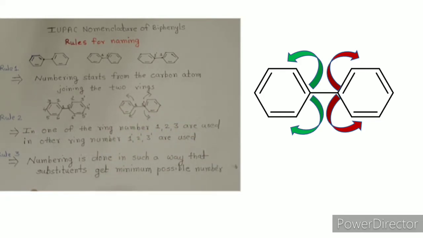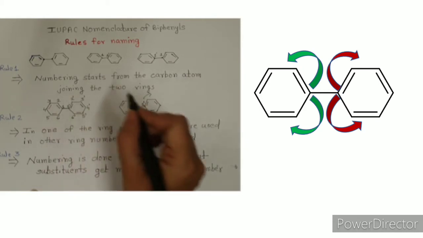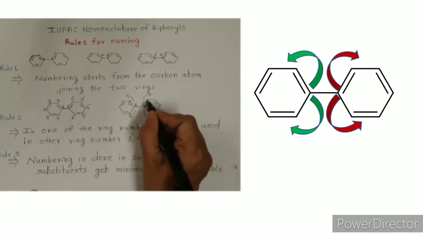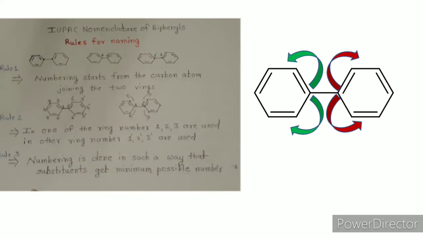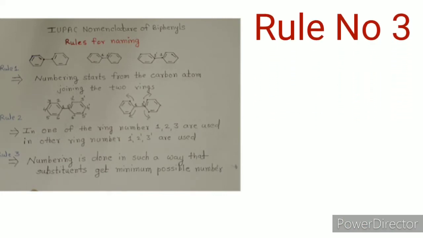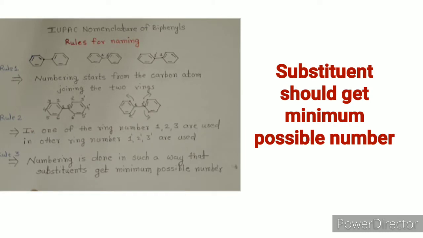Means what? We can give number 2 to this carbon or this carbon, and numbering will go like that. In this case also we can number this as 2 dash or this as 2 dash. And the last rule, but the most important rule: while numbering you should see that substituents get the minimum possible number.